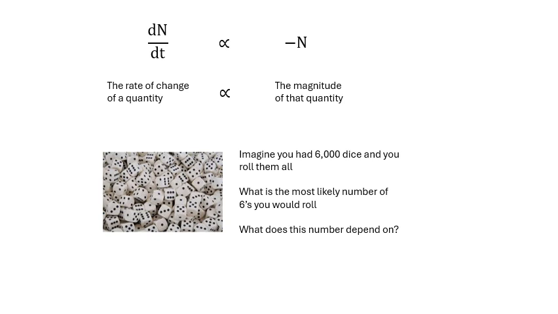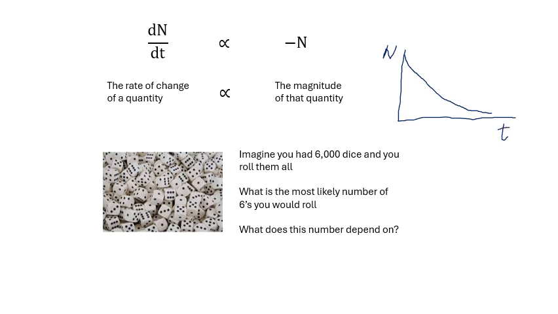Well, it depends on the number of dice. The number of sixes that you roll is proportional to the number of dice. If you then took away those sixes, then it becomes analogous to radioactive decay. Like if you roll a 6, the dice decays. Then what would happen to the value of N as time goes by? Well, because the number of dice that you take away is proportional to the number of dice, then N would go down exponentially.